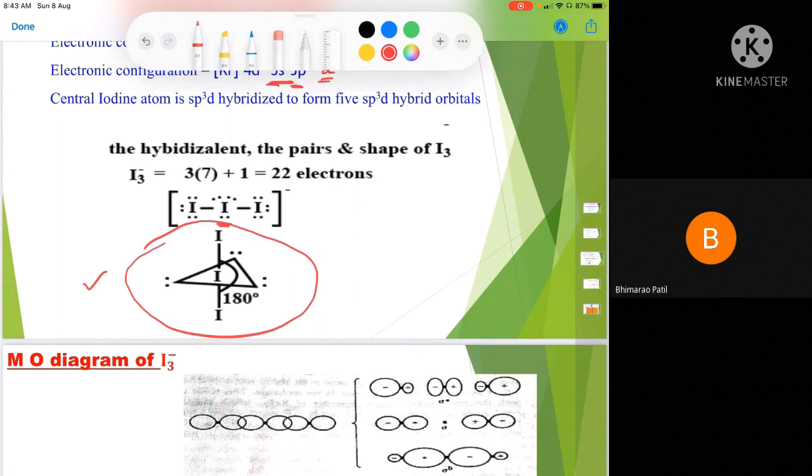One sp3d hybrid orbital of the central iodine combines with one 5p atomic orbital of one iodine atom, and similarly with another iodine, and therefore it forms a linear structure according to the valence shell electron pair repulsion theory.